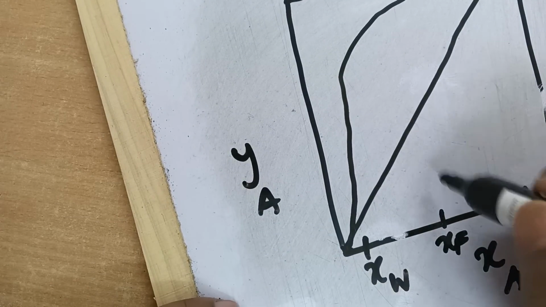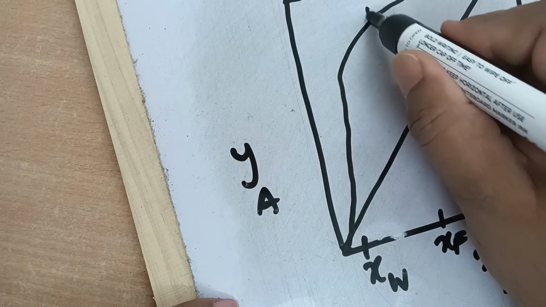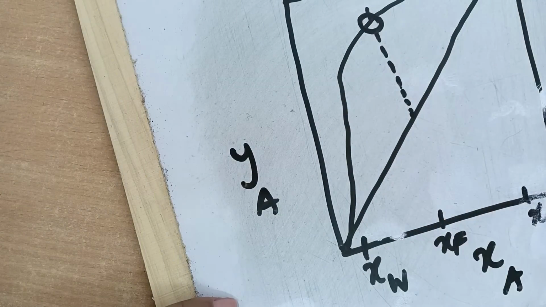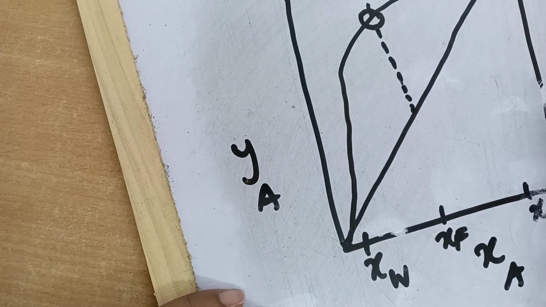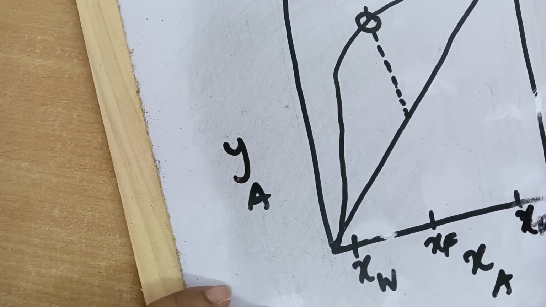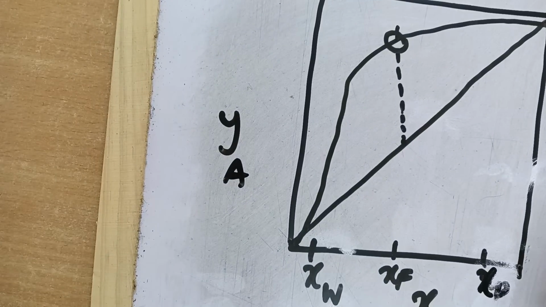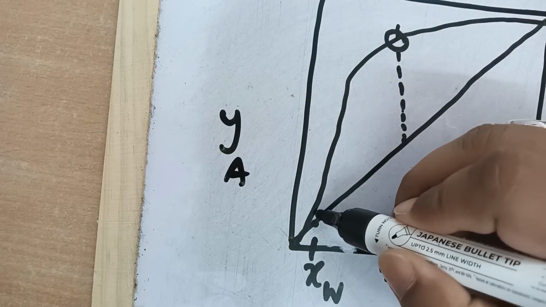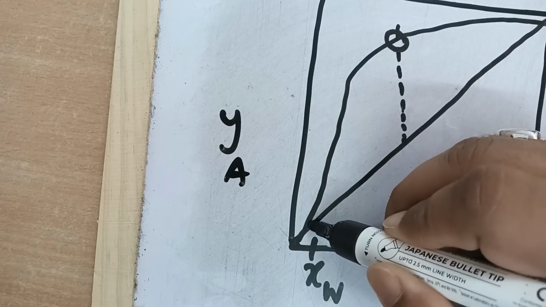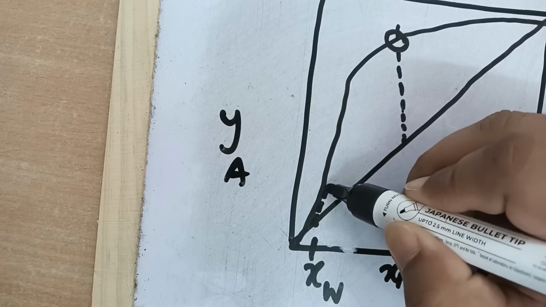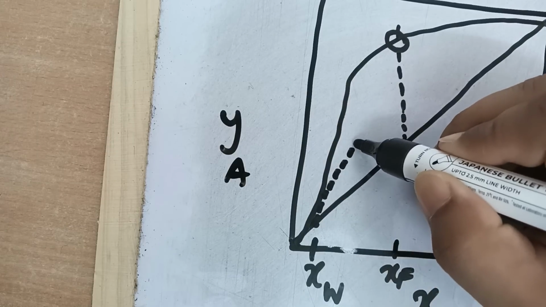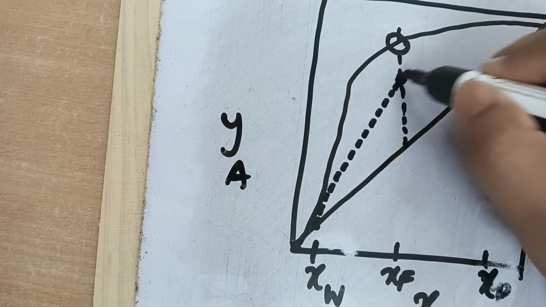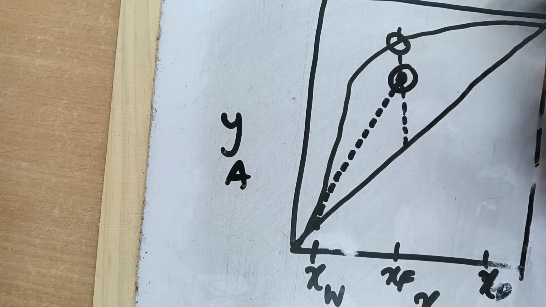Now what happens, you first draw the feed line which is at its boiling point. Okay, it intersects. Then after that you don't draw the enriching section operating line, rather you draw the stripping section operating line. So from the y equal to x line, you draw the stripping line which will be a tangent to the equilibrium line, and then you find out the point of intersection of the stripping section operating line with the feed line.